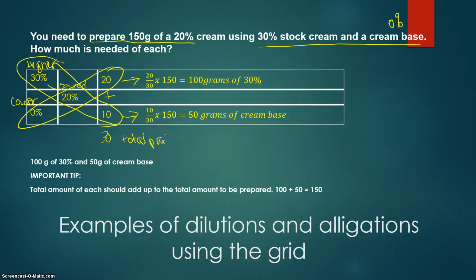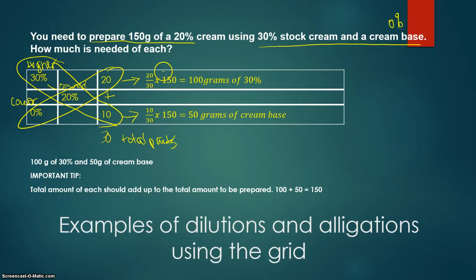This is the number of total parts necessary. So now that we have determined the number of parts needed for each ingredient and the total number of parts to be used, we can set these up and find out how much of each we need to make this final concentration.